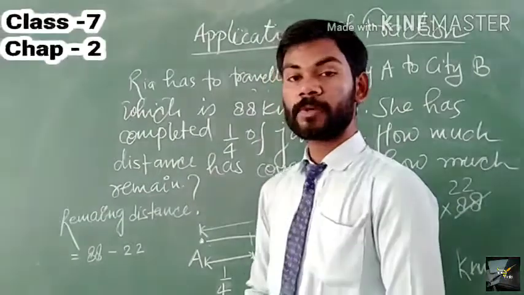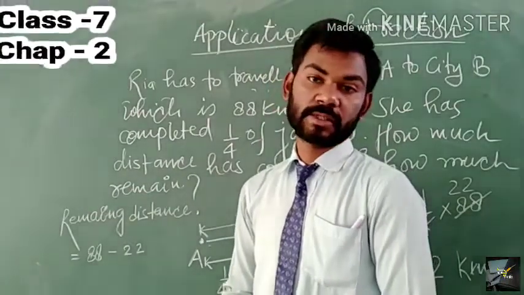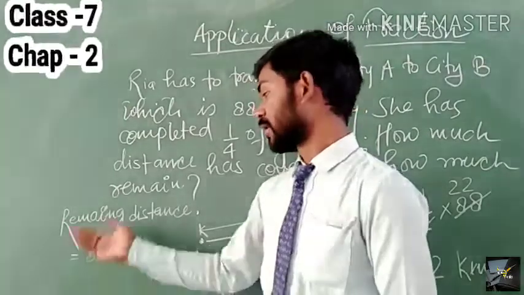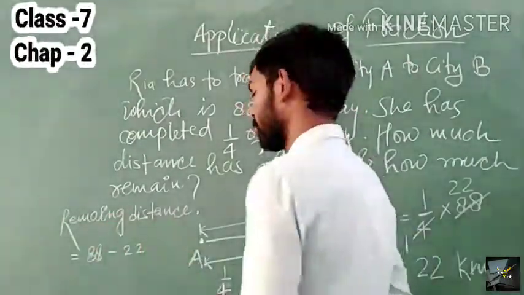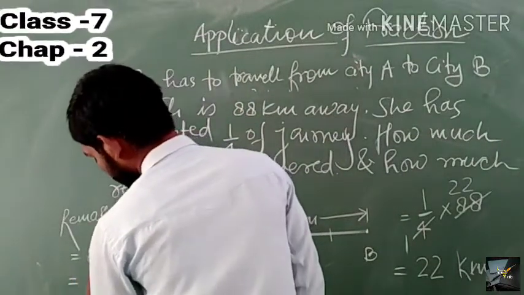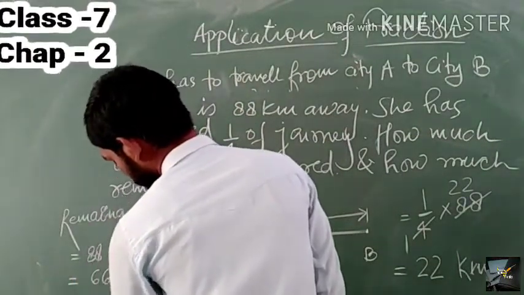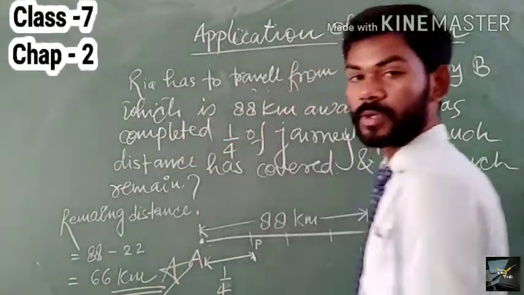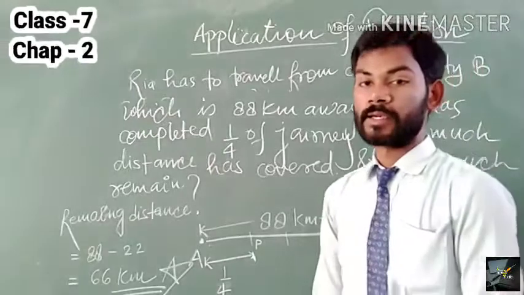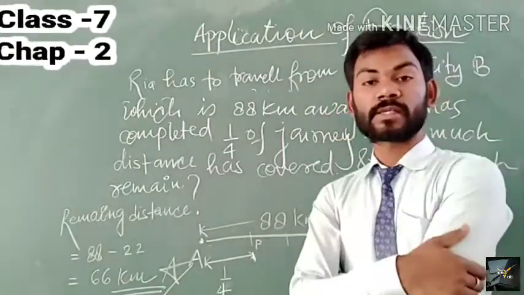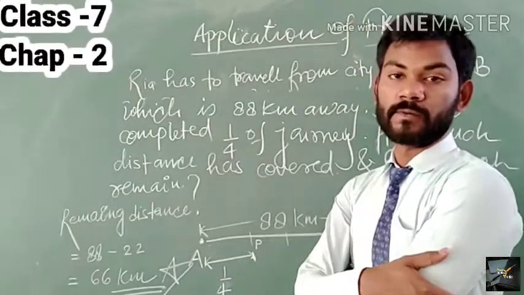If we subtract the covered distance from the total distance, we shall get the remaining distance. Therefore, the remaining distance is 66 kilometers. So 66 kilometers is the right answer.